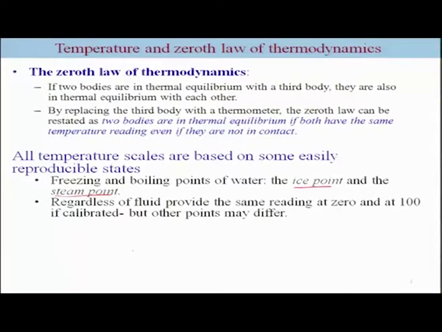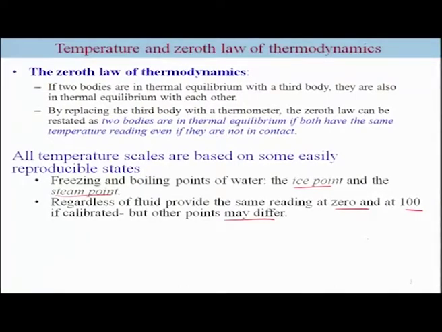The point is that you can consider any particular fluid and scale it in such a way that you get 0 degree and 100 degree, but even if you calibrate only the 0 and 100, the other points between may differ. The reason being that the thermal expansivity of the fluids varies from one to another, and that is why such thermometers are not commonly used.